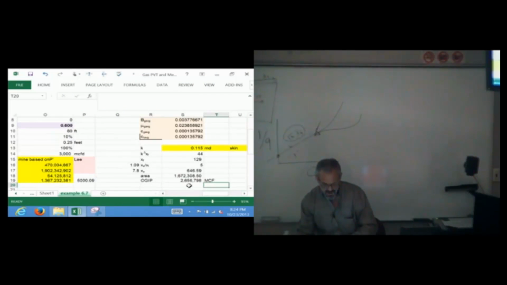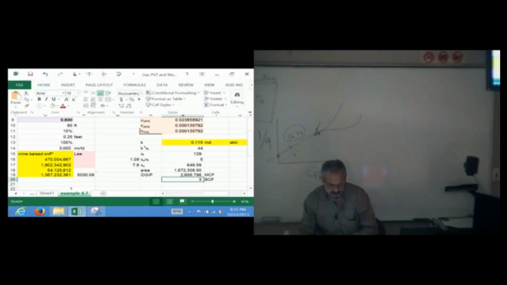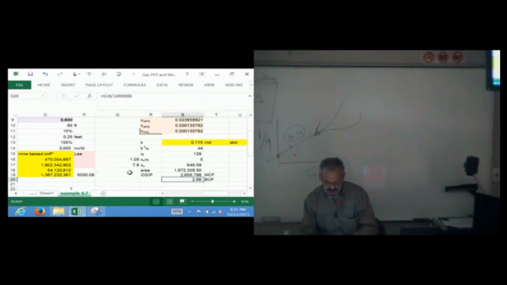And normally when we talk about reservoirs, we talk about BCF. And so I'm going to take another million off of that. And that's a commercial reservoir. 2.66 BCF.